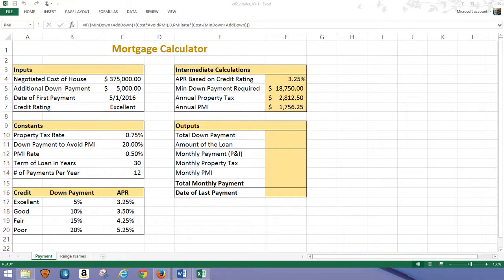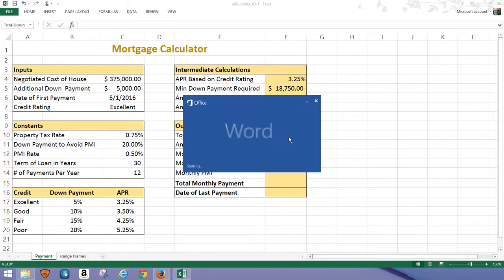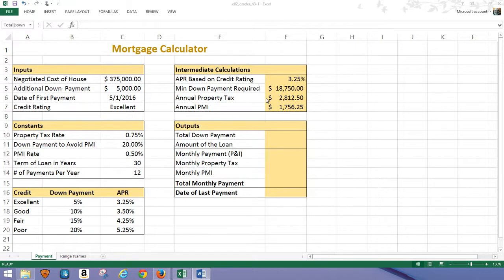Okay, now next we have to go down to cell F10, and we're trying to figure the total down payment. The formula to calculate the total down payment is the sum of the minimum down and any additional down.